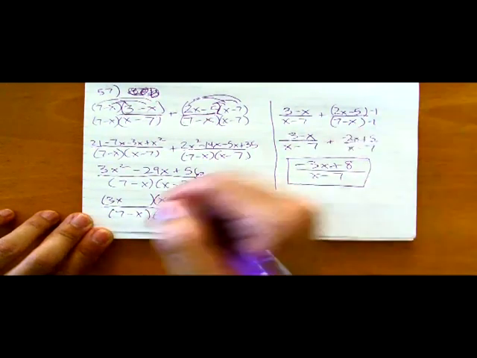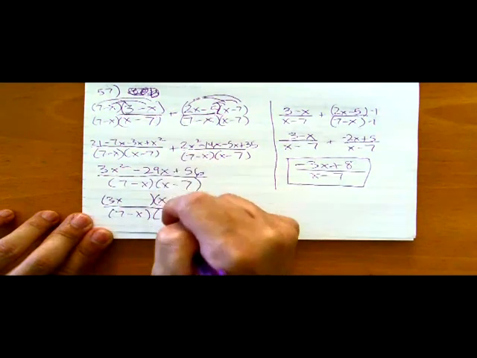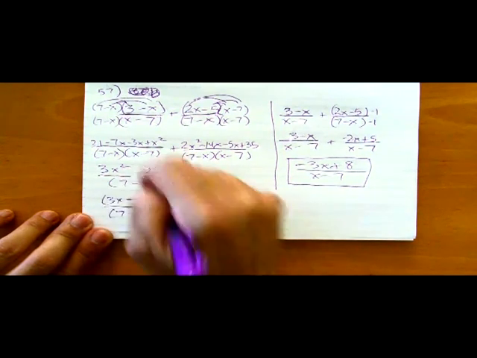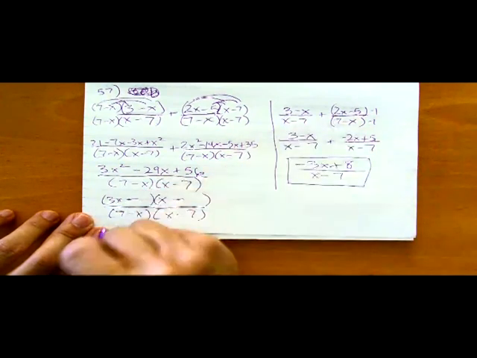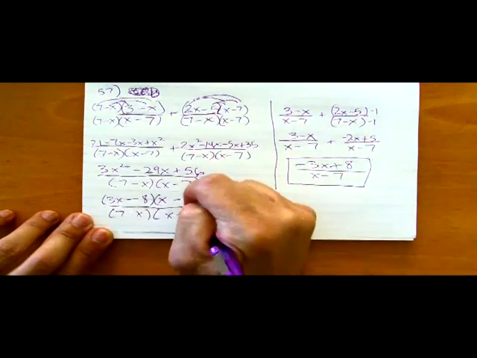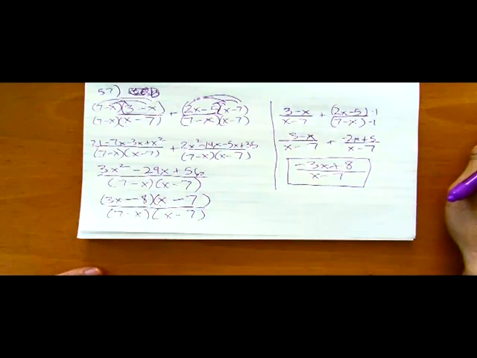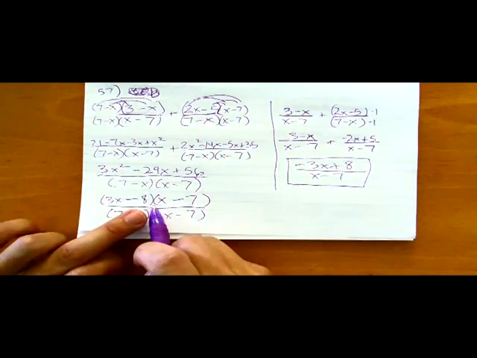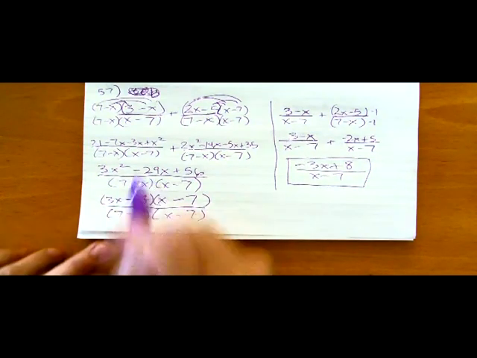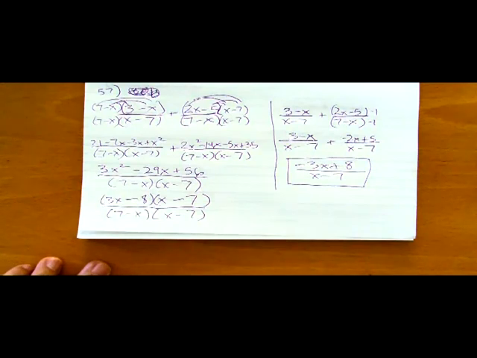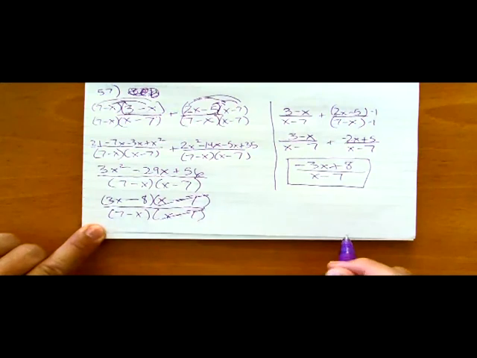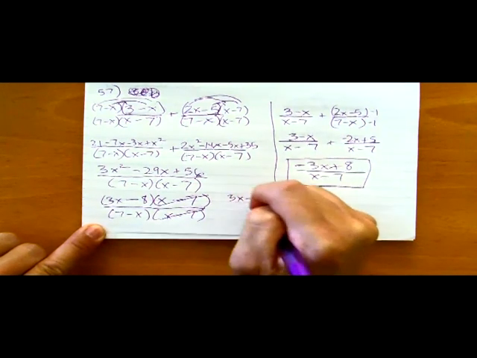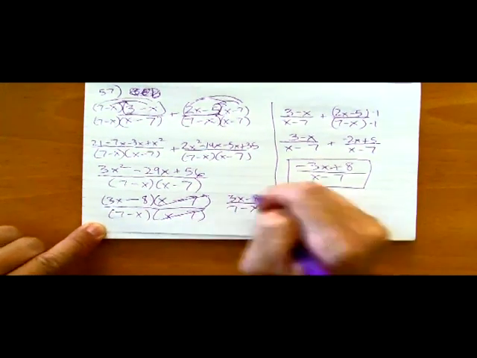So, let's see. It's going to be minus and minus. We need a 56 at the end. Keep in mind, we need a negative 29 in the middle. 8 and 7. That's 56. Negative 8x. That's a 21. 8 and 21 is negative 29. Okay, there you go. So, the x minus 7's cancel, leaving us with 3x minus 8 over 7 minus x.